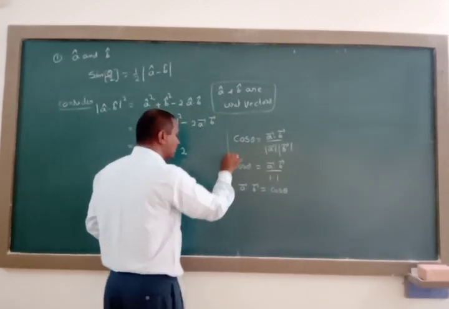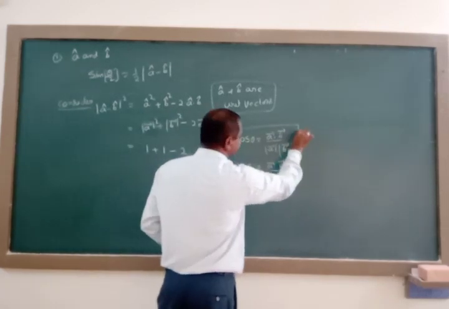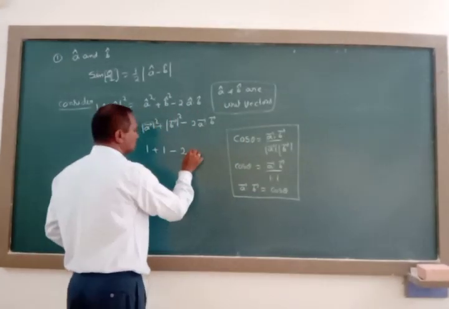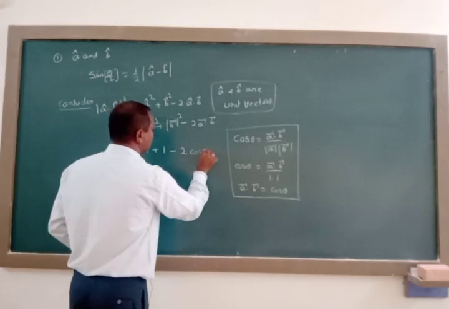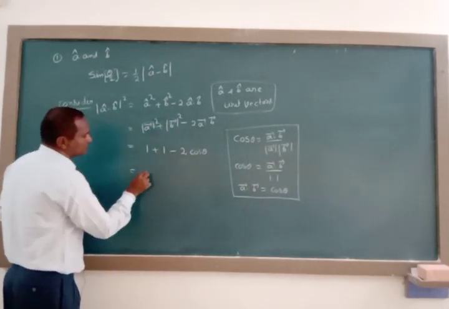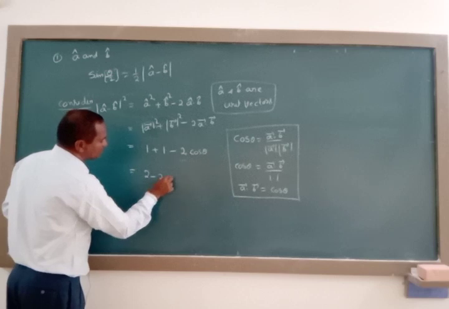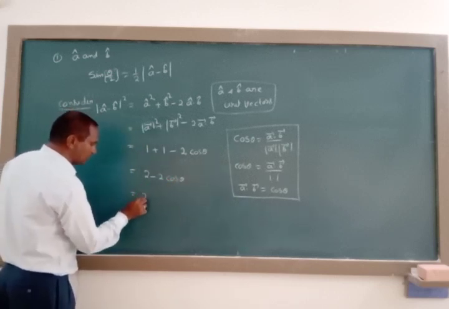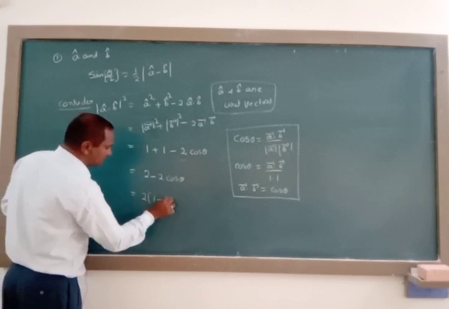We have to apply this instead of a bar dot b bar here: 2 cos theta. That is 1 plus 1, 2, minus 2 cos theta. Taking 2 common, 2 into 1 minus cos theta.